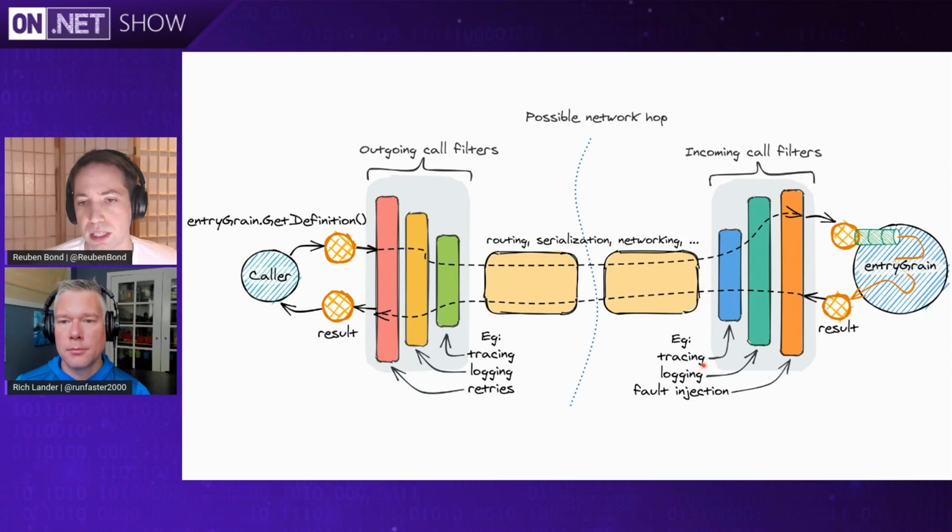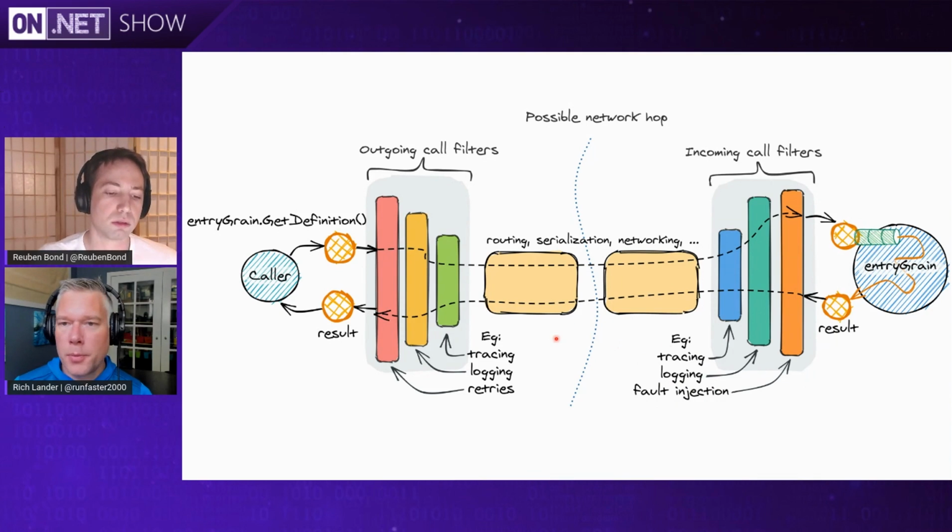And again, we've got tracing there because it's going to take that tracing context off of the request context object that we're going to talk about in a moment, and it's going to propagate that into an activity from System.Diagnostics.Activity, and then have that run for the lifetime of the call so it can trace what goes on inside this method. And then maybe you want some logging or maybe fault injection, like some teams in Microsoft do if they want to inject faults into random places in their system whenever they want to.